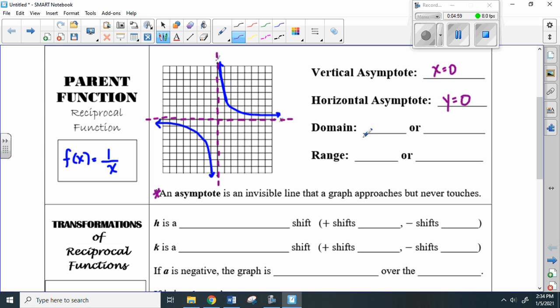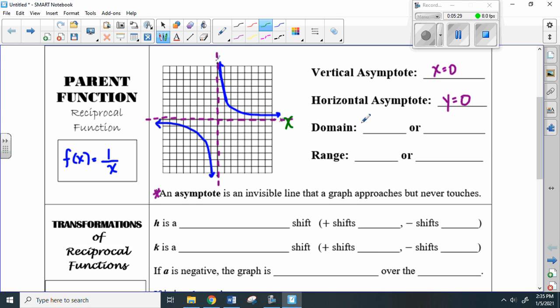So when I do the domain, remember those are your x values, from left to right. You can see this is going to the left forever, but it will never cross this x equals 0. It keeps going down, but it never touches x equals 0. And then over here, it starts again and keeps going to the right forever, but again, it never touches this asymptote.